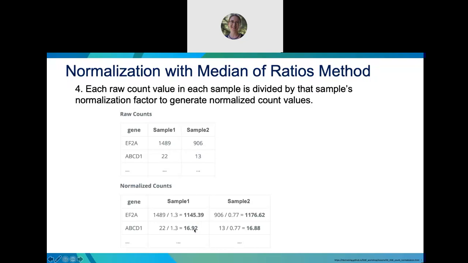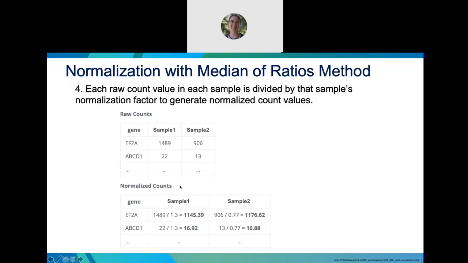So, for example, just to bring this down to earth a little bit, if we were to look at the raw counts for these 2 genes in these 2 samples, you'd think, wow, if we look at the expression of ABCD1 in sample 1 versus sample 2, we'd say, well, sample 1 has 22 versus only 13 counts in sample 2, that's almost double in sample 1. ABCD1 must be differentially expressed.